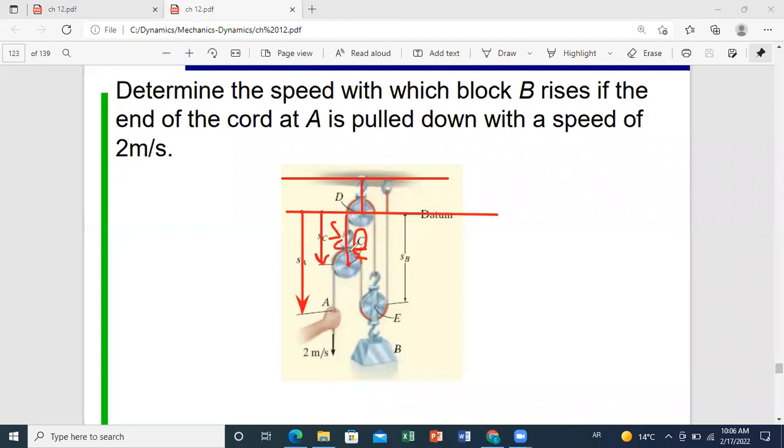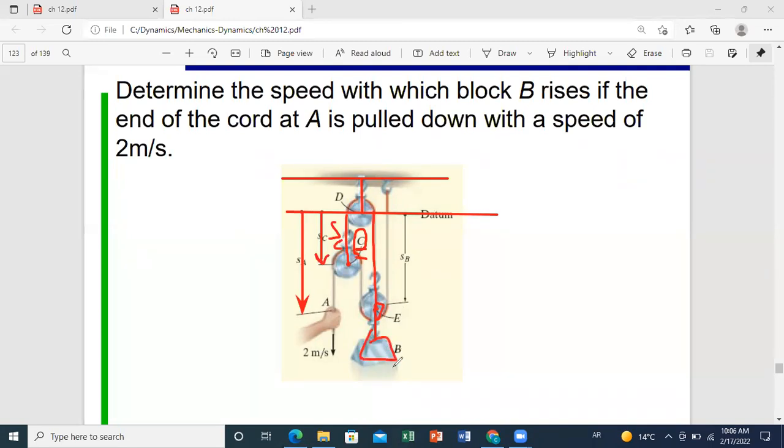Now, for pulley E, if I observe pulley E and I look at its center, the center of E is attached to the periphery of pulley D. So I also have a translation of the center of E. This is why I need a coordinate for this pulley. And since the center of the pulley is attached to block B, B and E will move together.